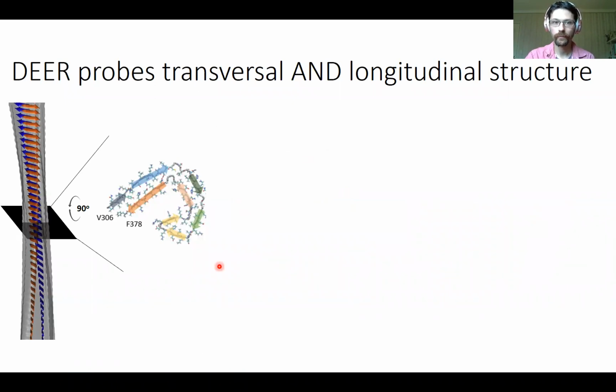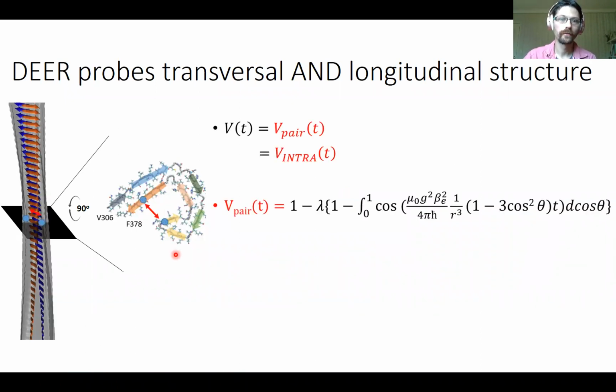So the most conventional way to use DEAR, so to say, is obviously to have 2 labels in your protein so that you can measure intramolecular distances. With that, you measure dipole coupling that you can relate with the distance between your 2 spins, and that gives you your intramolecular distances. Now, you see we have a fiber.